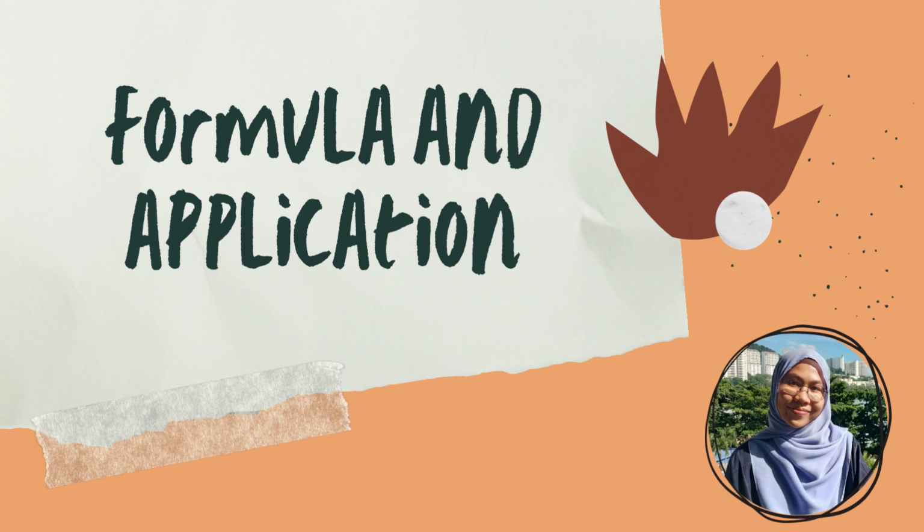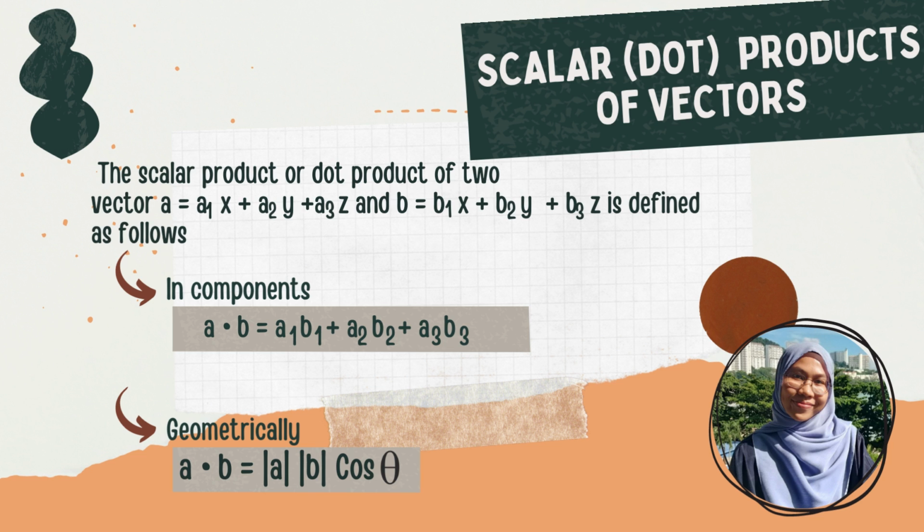Formula and application. Scalar dot products of vectors. The scalar product or dot product of two vectors a equal to a1x plus a2y plus a3z and b equal to b1x plus b2y plus b3z is defined as follows, which is in components and geometrically.